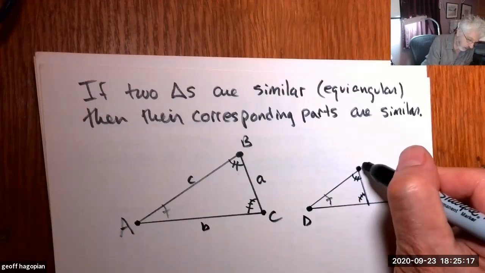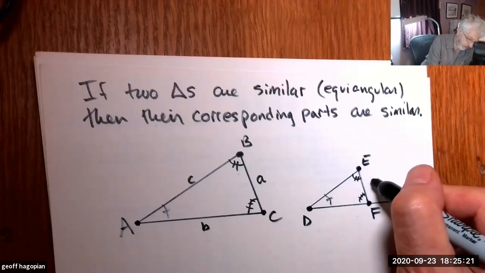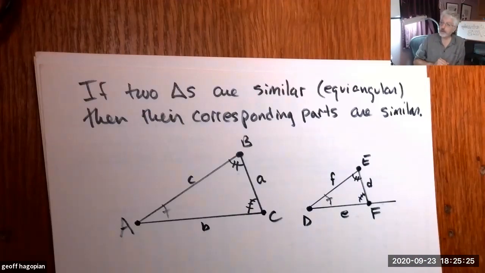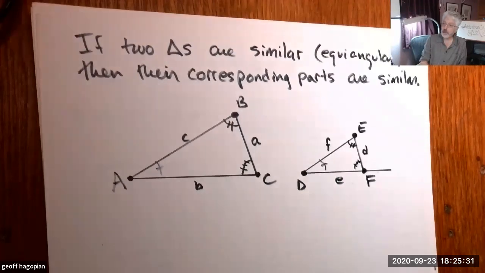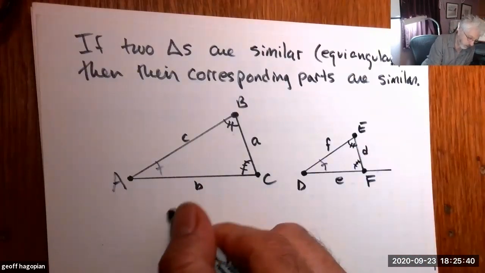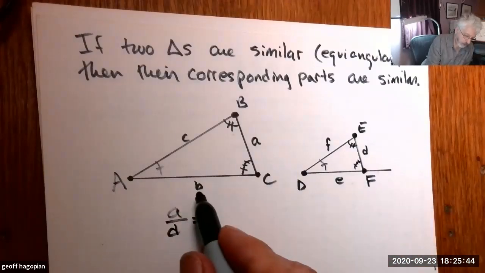D, E, F, and then we'll have little d, little e, and little f. So corresponding parts are proportional. So there's a lot of different equations we can write that describe that, right? So one would be, let's say, a is to d as b is to e.